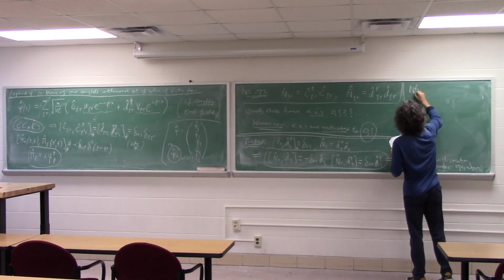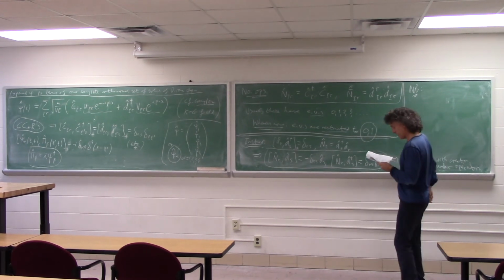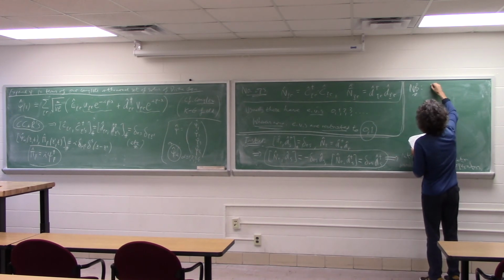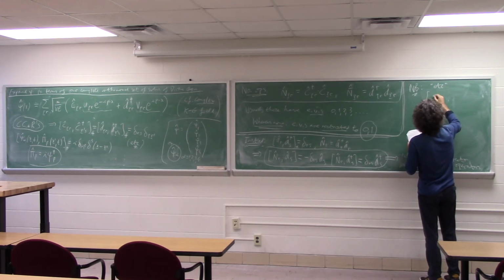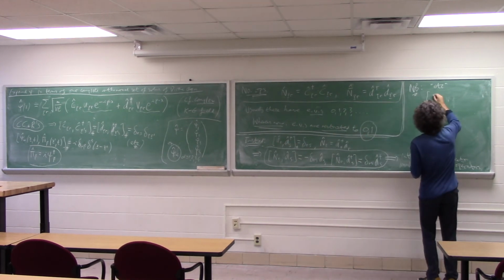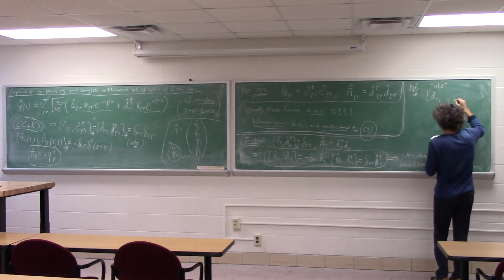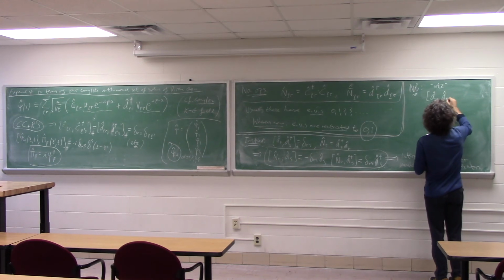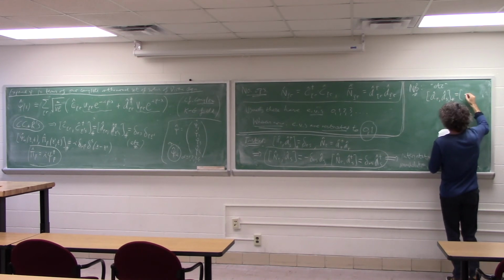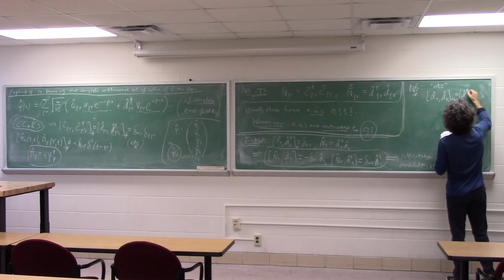note, if you look at this, remember, of course, we have the etc. I've written down the anti-commutator of A and A dagger. We also have the anti-commutator of the A's and the anti-commutator of the A daggers.